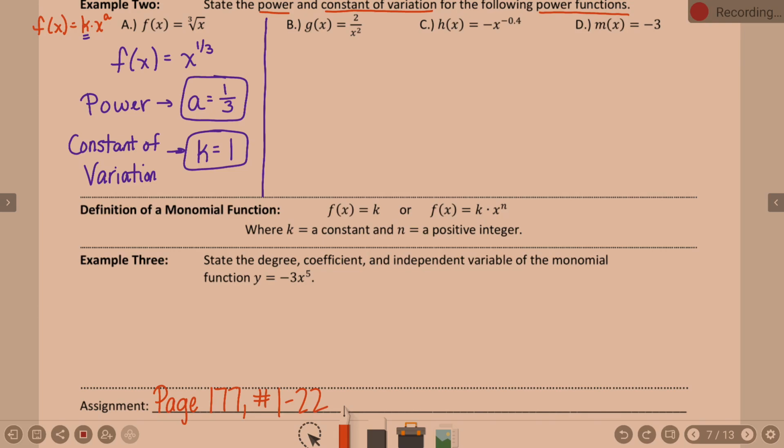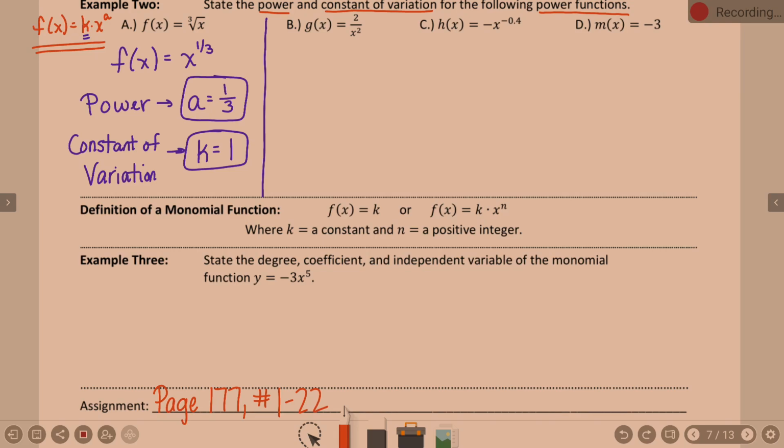g of x equals 2 over x squared. Thoughts? What'd you say? -2. I can get behind -2. Because it's on the bottom, do they have to flip it? Yeah, so here's the deal. In its given form, does it match our provided form up top?